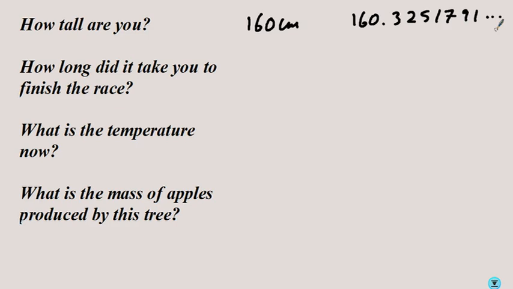The same applies to how long did it take you to finish the race. You can't be exactly sure of the time because your measuring instrument gives you, let's say, the time to the nearest 100th of a second. The same applies to temperatures or the mass of apples. The answers to those questions are also numerical, so this variable is also quantitative.